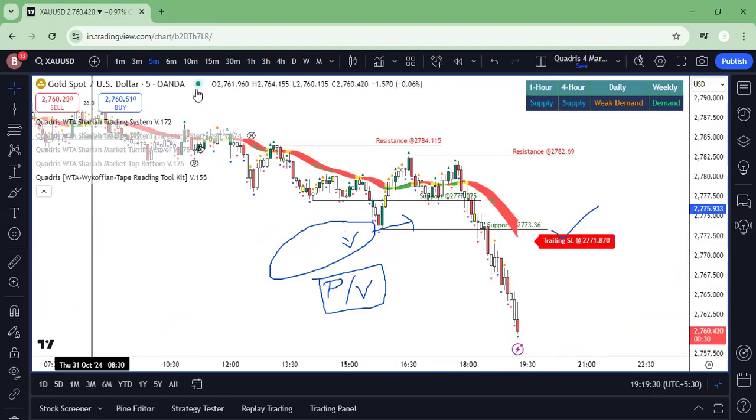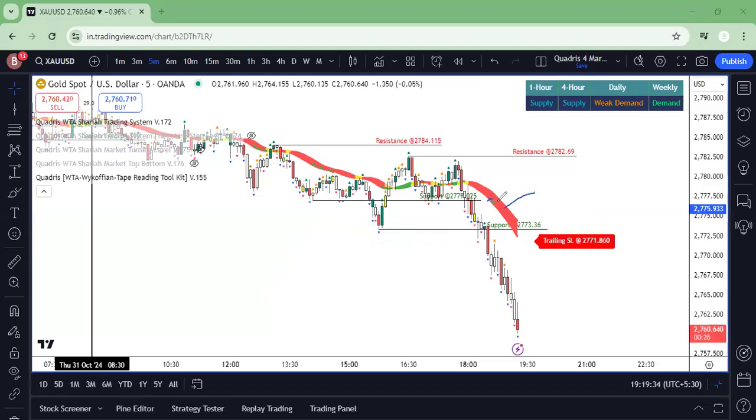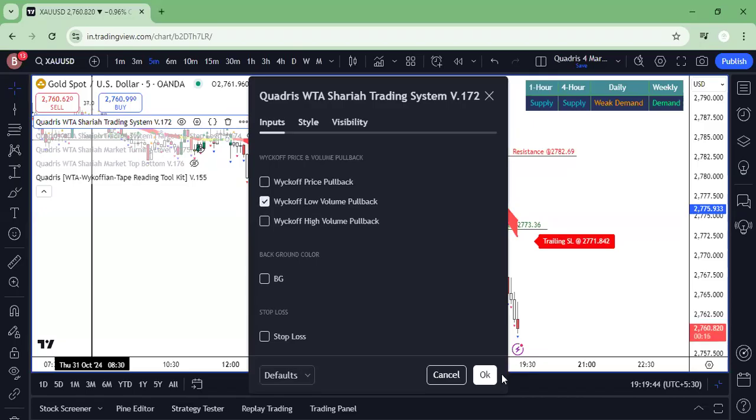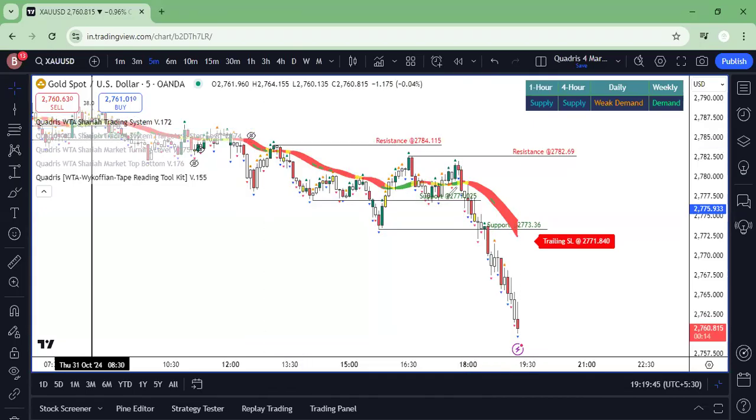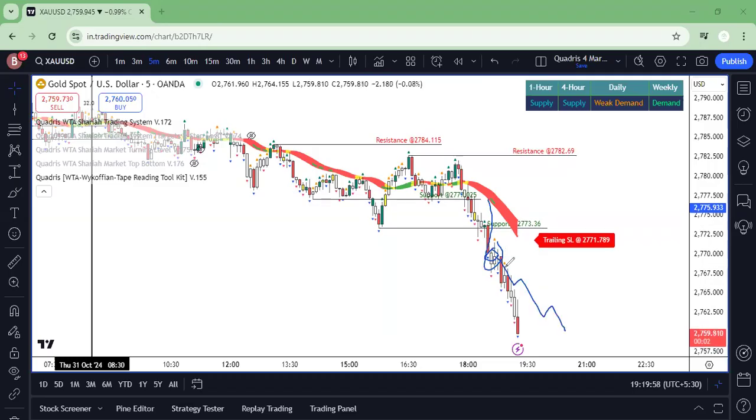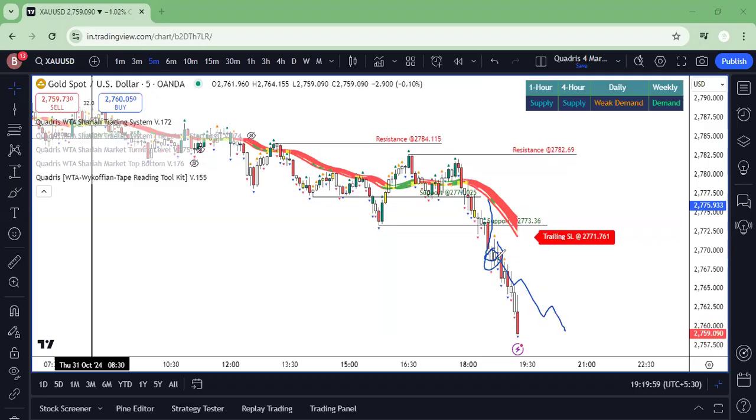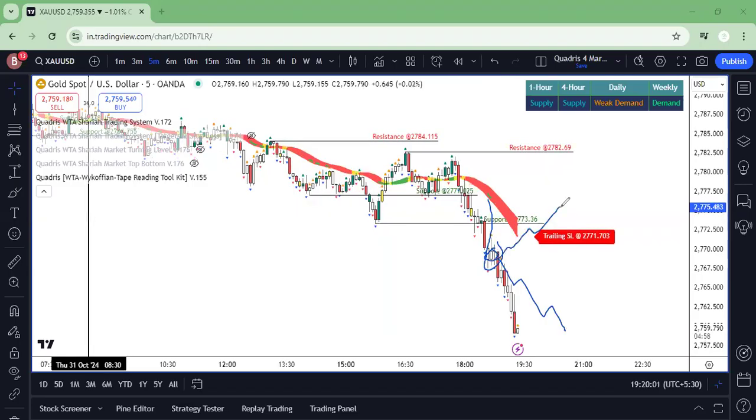Like for example, I said earlier, when there is a red ribbon, the green patch would refer to either a low volume or high volume pullback. In this case, we had already set it to low volume. So remember what I mentioned earlier in the video. If there is a low volume pullback on a particular price bar or price area, that means there would be a price progression or a cessation of move and then a trend change.